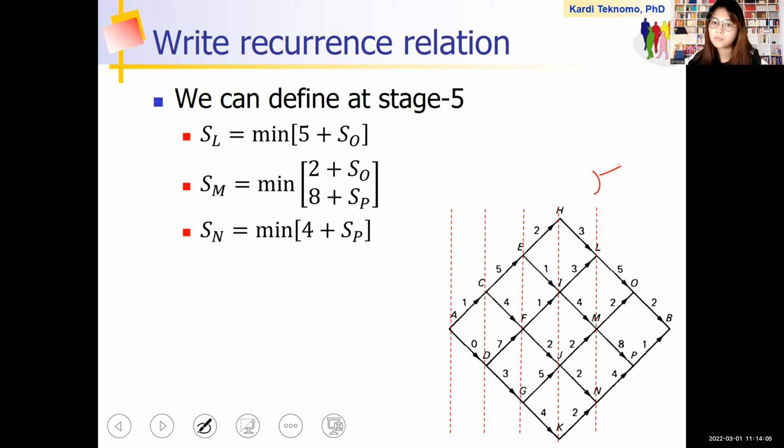Wait, if we're going to O, right? Suppose you are already in O, okay? So what is the formula SO? SO equal to minimum of what?